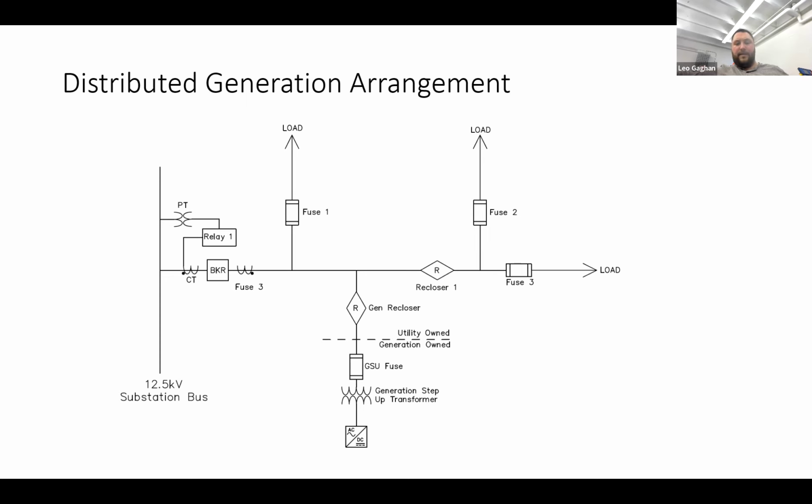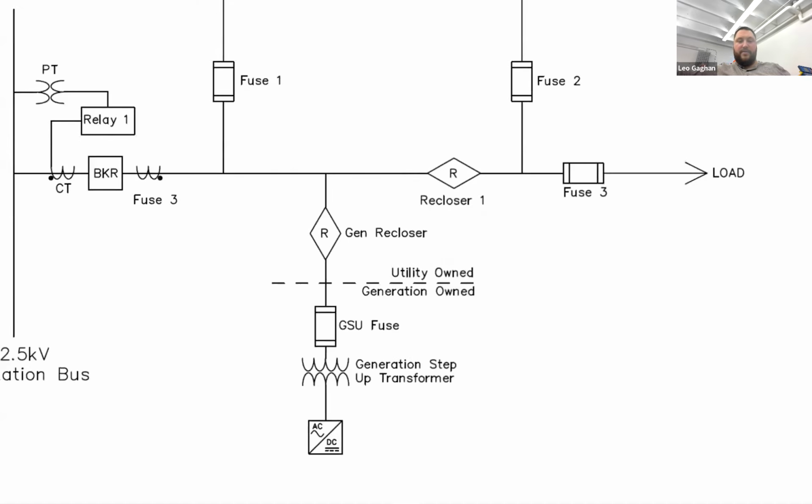And let's say they were going to tie a solar generation site into this distribution circuit. It would be right here. There'd be definitely a line of demarcation between what the utility owns and what the generation owner, or the independent power producer, owns. This is a pretty typical setup. Think of that as where you have your inverter.